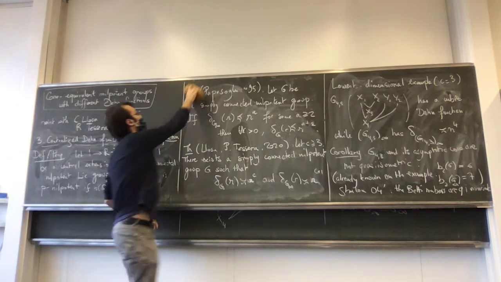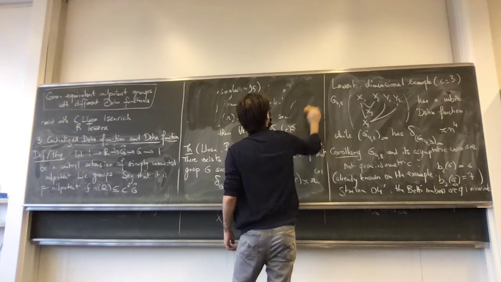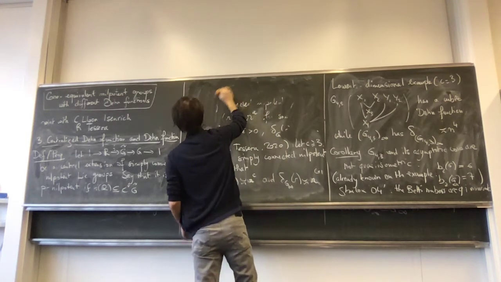Okay? And the proposition is that by looking at those sort of extensions, you can detect a lower bound on a Dehn function.